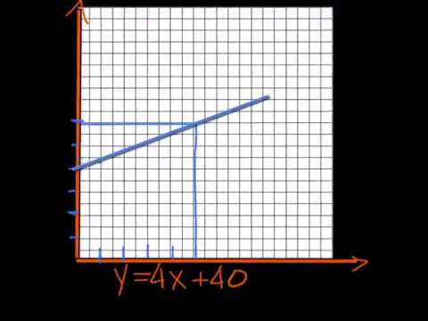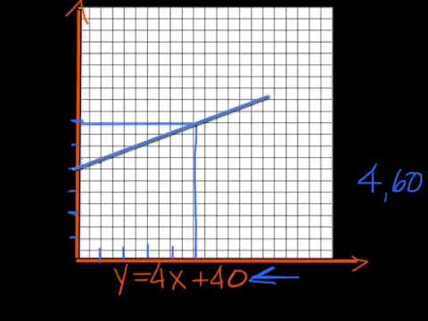Remember what score we came up with for this when we put in a 4? So if I go over to the right 4 on the bottom and then up 60, can I make a dot there? Yes. What if I went over 1? If I get 1 right, it would be 44, so go over 1 up 44, so now I have 3 dots including my y-intercept.